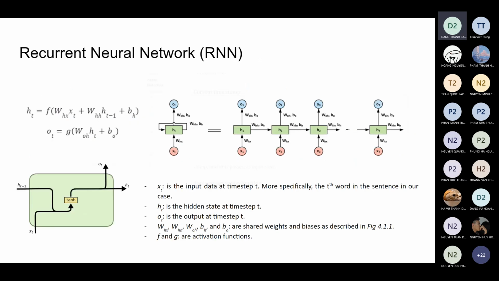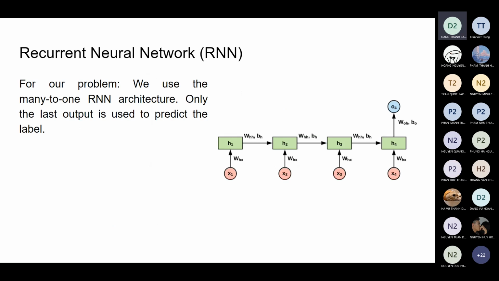So next slide. The first and simplest model we used in this project is the recurrent neural network, RNN. Because we already learned about RNN in our course, I'll go through this really quickly so we can save some time for more interesting stuff. For our particular problem, we use the many-to-one architecture of RNN, and only the last output of the output cell is taken into account.